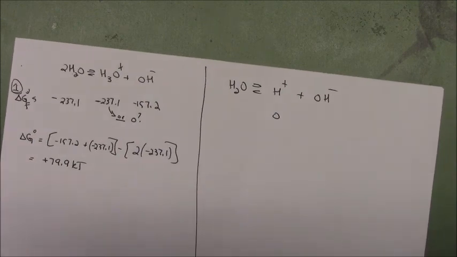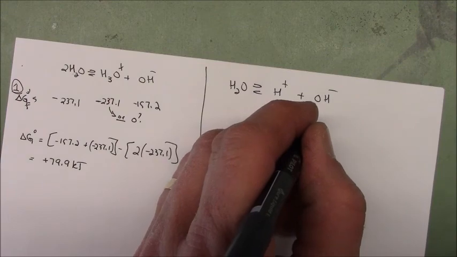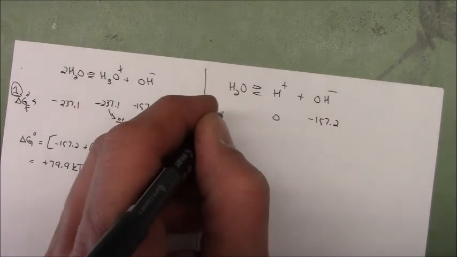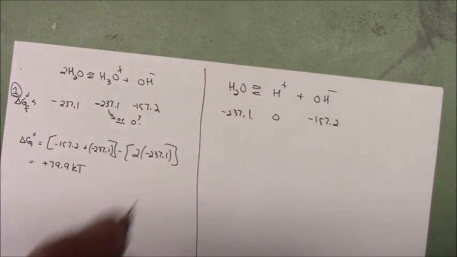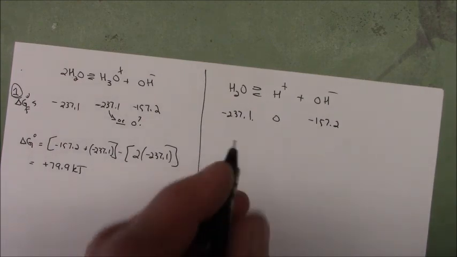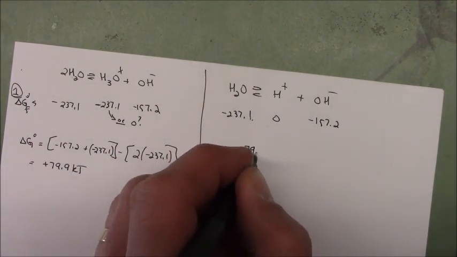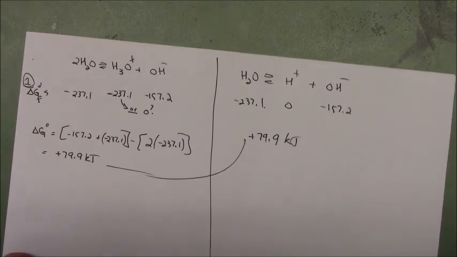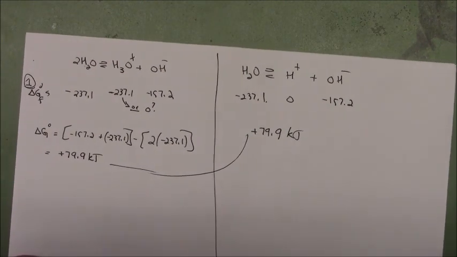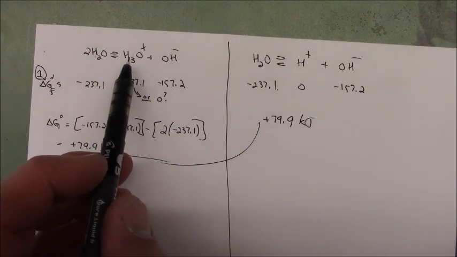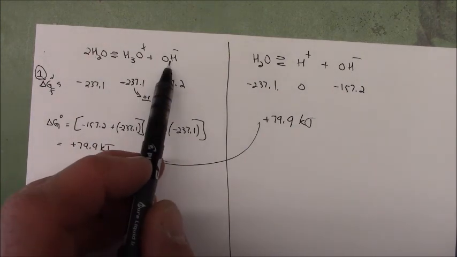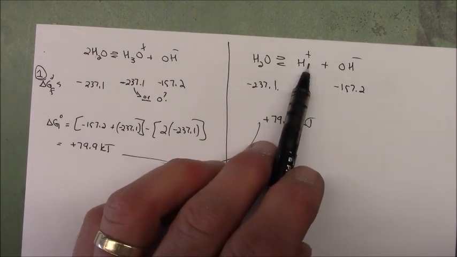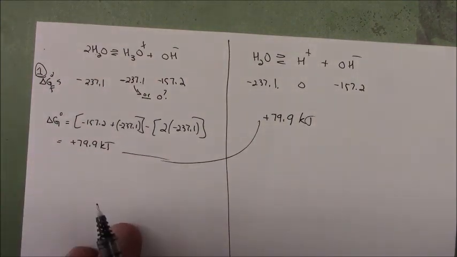So in any event, this one, minus 157.2, minus 237.1. When you do the product, subtract the reactants, you're going to get plus 79.9. Which is the same as it should be, because technically this one's making 1 hydronium and 1 OH negative. Same with this. So thermodynamically the delta G's have to be the same.